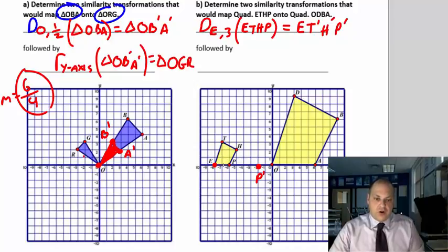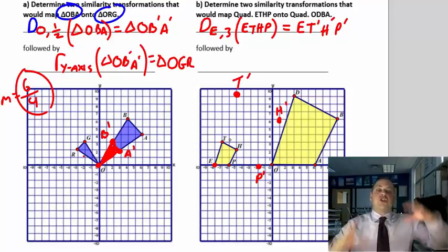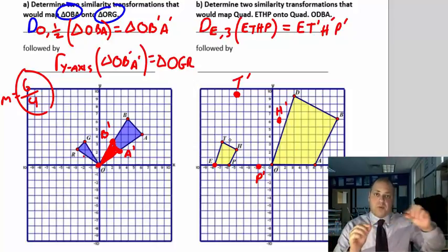H is over 1, 2, 3, up 2. So I'm going to go over 3, up 2, over 3 again, up 2. Okay, so there's my H prime. My T is over 1, up 3, over 1, up, boom, boom, boom, over 1, boom, boom, boom. There's my T prime. Again, we just tripled the slope. Triple the slope. Do the slope 3 times.